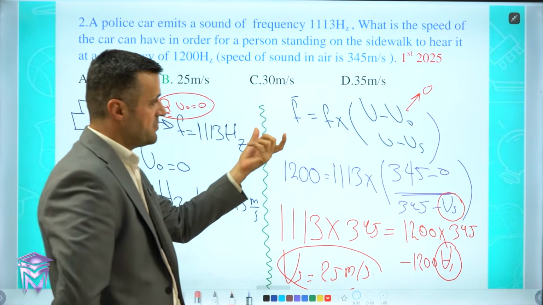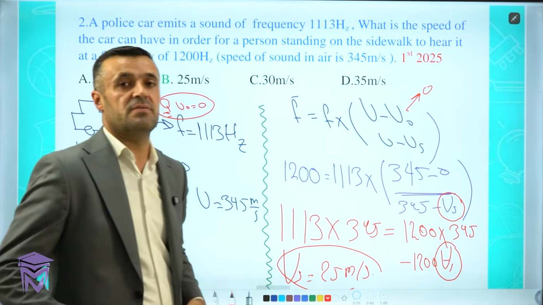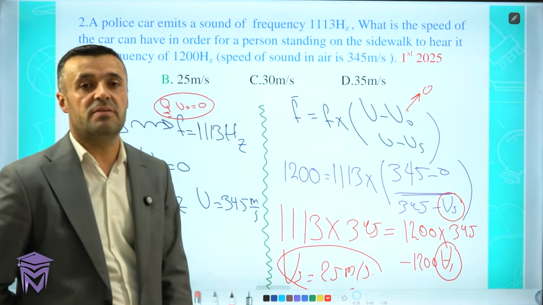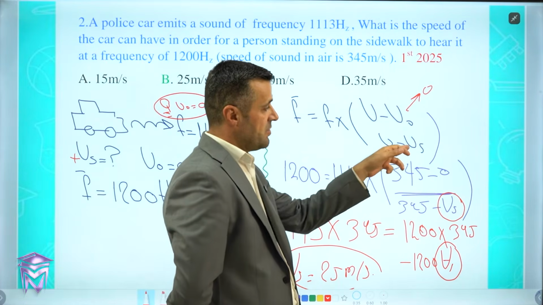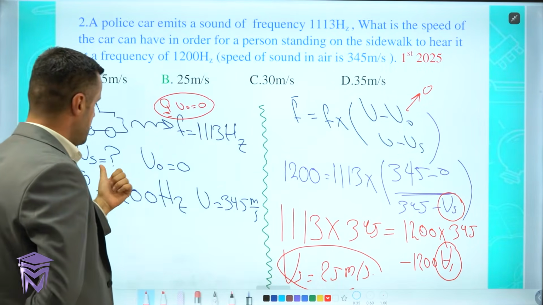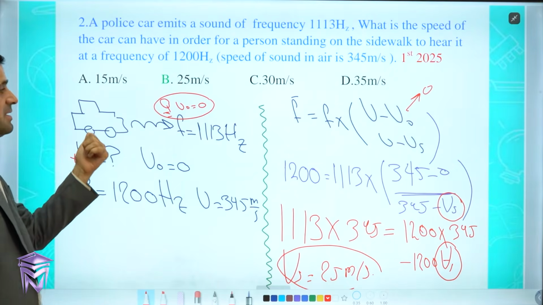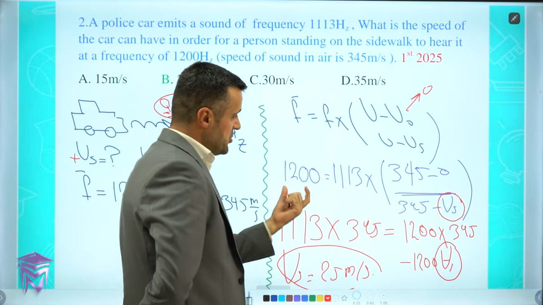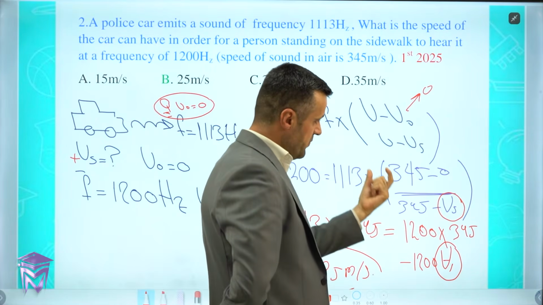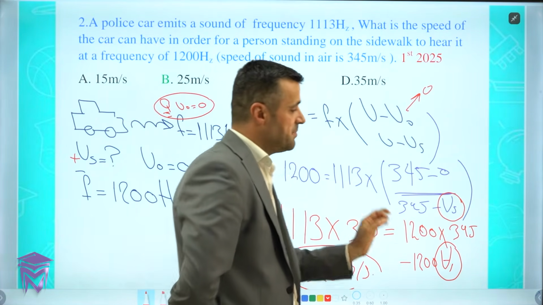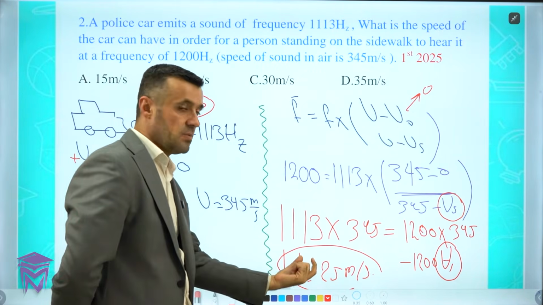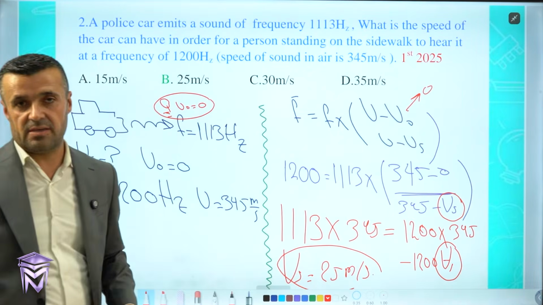At the beginning, we write the main Doppler rule: F dash equals F times (V minus V naught) over (V minus Vs). Vs is positive because the police car moves toward the observer. We have F dash, F and V, so we can find the speed of the car, which equals 25 meters per second.